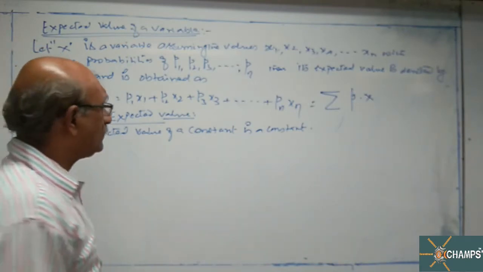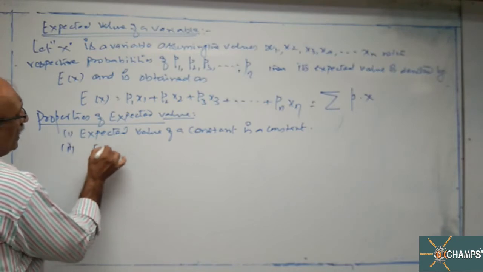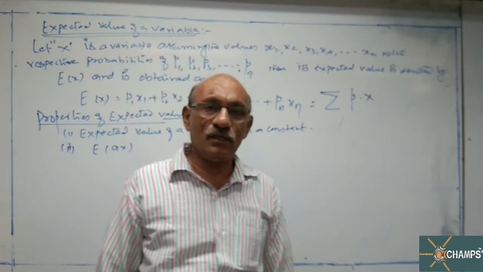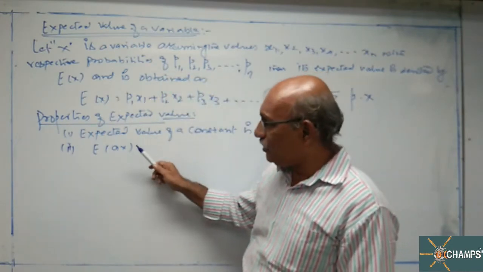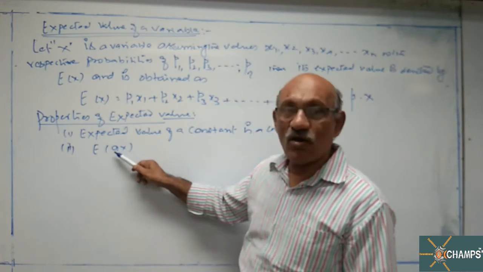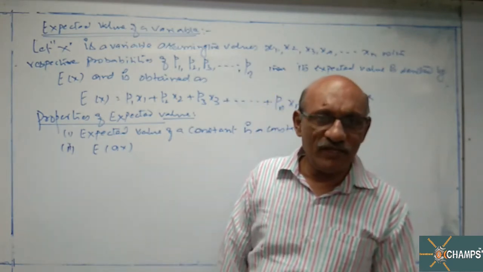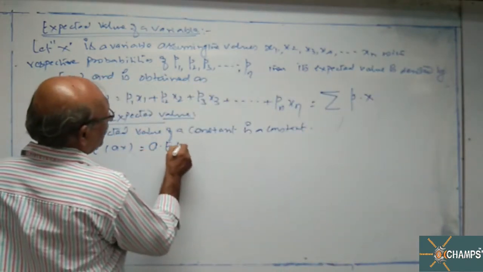Second point which you have to remember is E of Ax. When each observation is multiplied with a constant, then expected value is also multiplied with a constant: A into E of x.